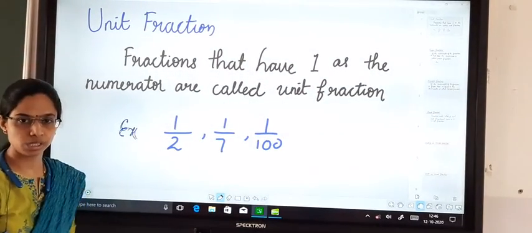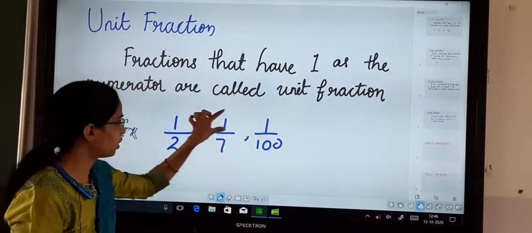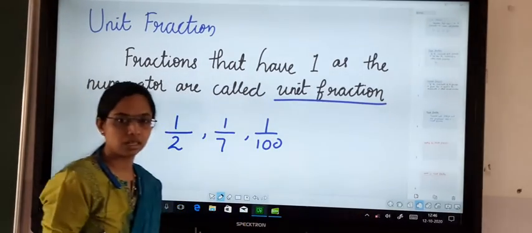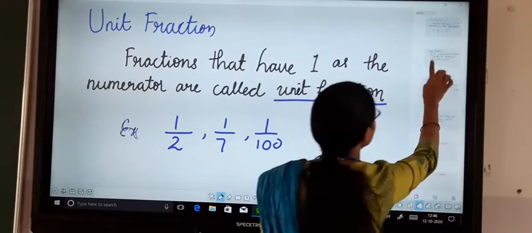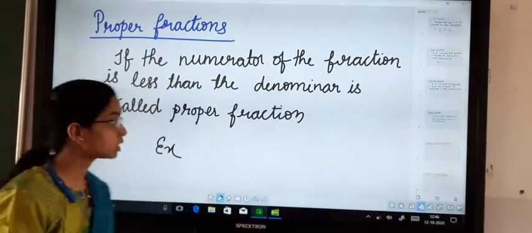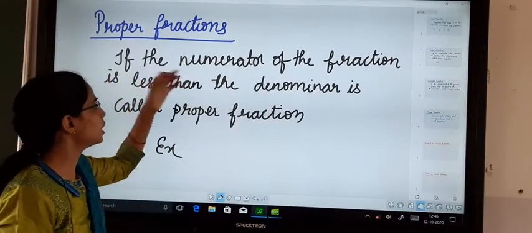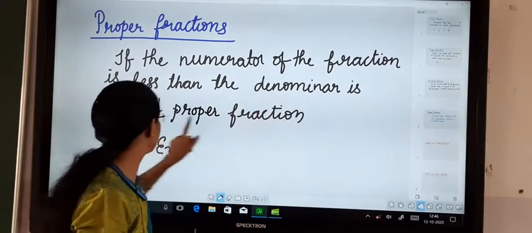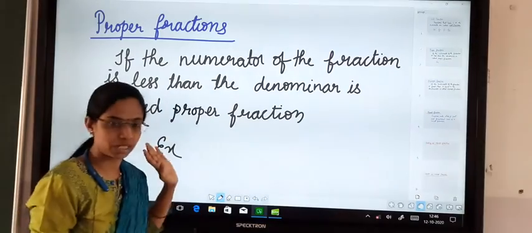The numerator has to be unit. So for this kind of fractions, we call them unit fractions. Clear?